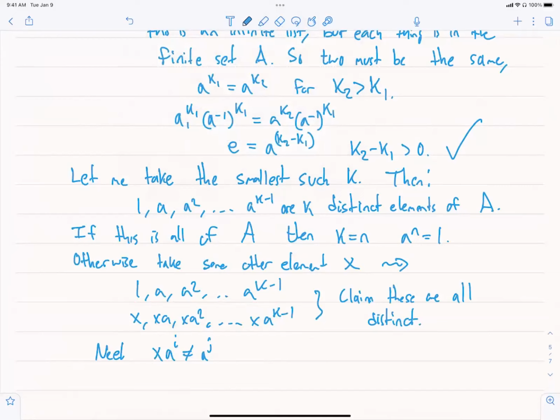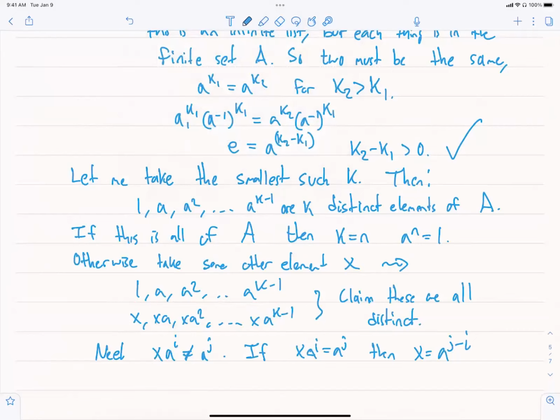And this is easy. Just multiply. If x a to the i is equal to a to the j, then x is equal to a to the j minus i, just by multiplying by a to the minus i, or multiplying by a inverse i times.